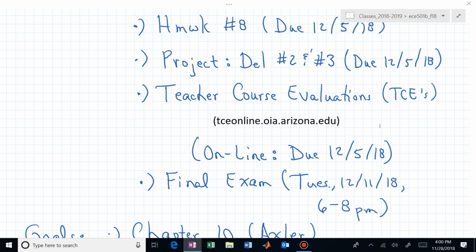Homework 8, your project deliverable, and project deliverable number 3 is really a reflective paragraph, so don't forget to do that, but it doesn't need to be obviously as much time as you've invested into deliverable number 2.